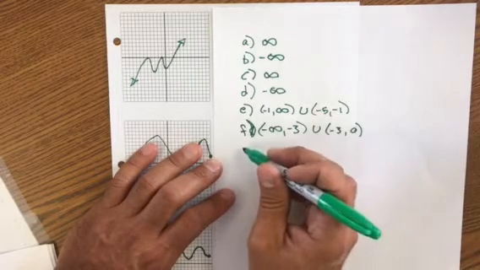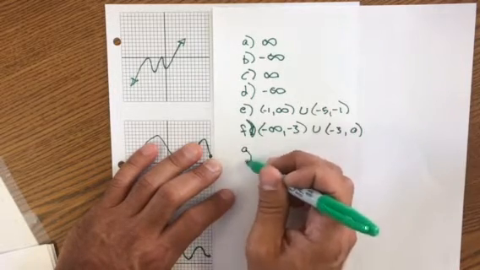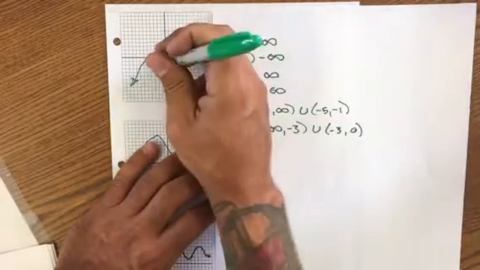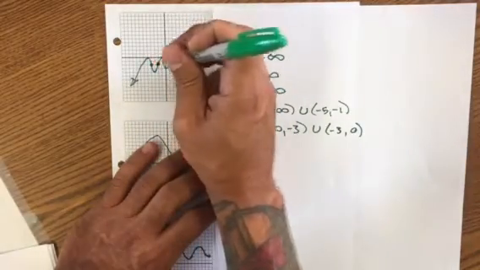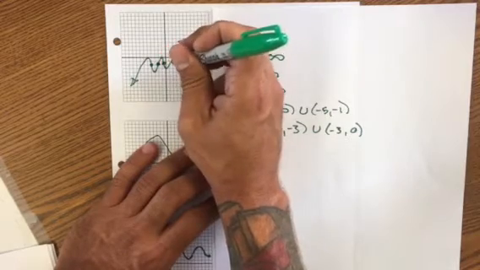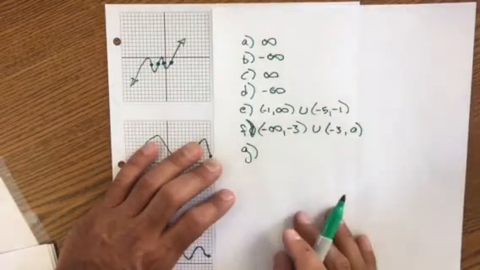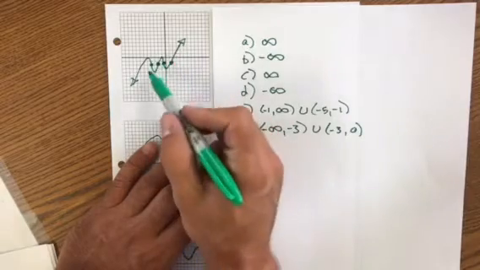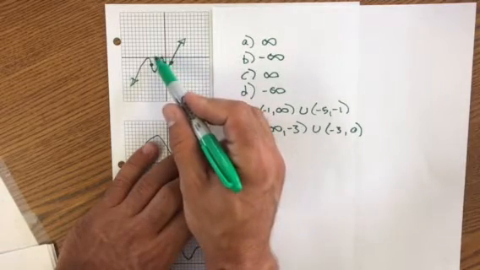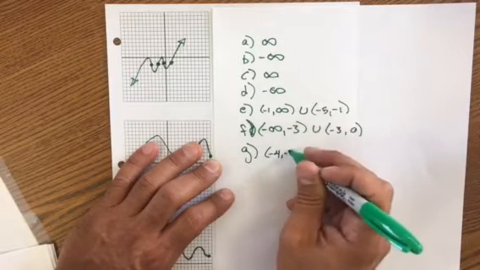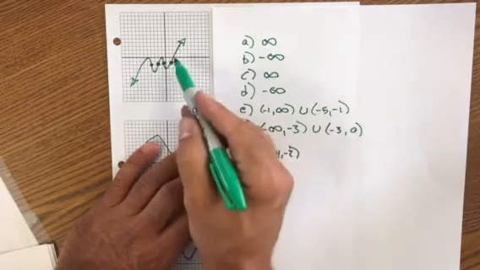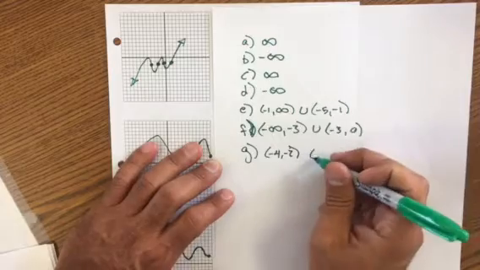Points of inflection. Points of inflection are where it changes directions. That will always be halfway in between these two guys. So those are my points of inflection. The first one is (-1, -2). The second one is (-2, -2).